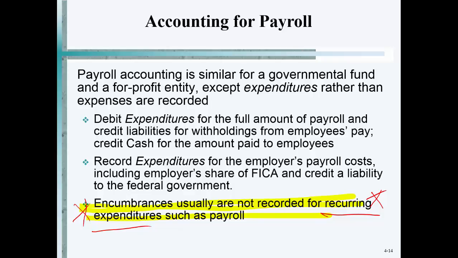So if it's a recurring expenditure like payroll, like interest on debt, like the principal on debt, we know how much we owe. We know what the debt service is on that. We don't have to use encumbrance. It's for those things that come up during the year that we have to deal with. Oh, we need a new copy machine, whatever. That is where we use encumbrance, right? Not for recurring expenditures.